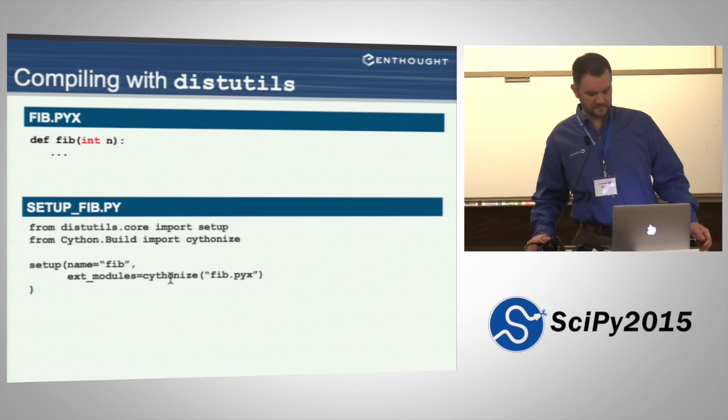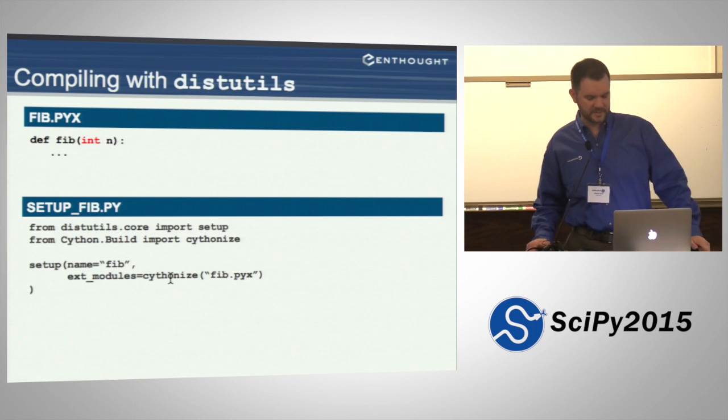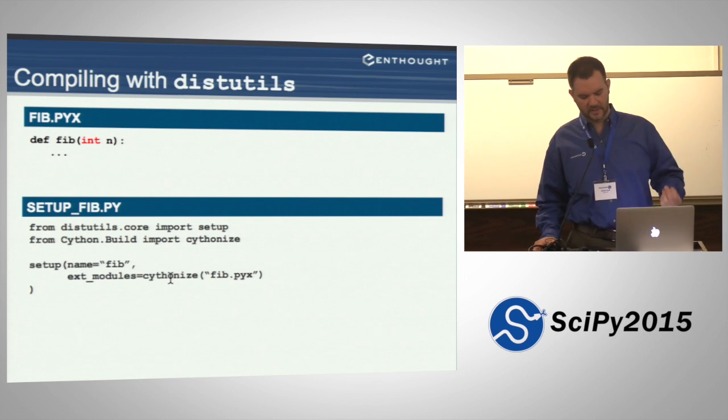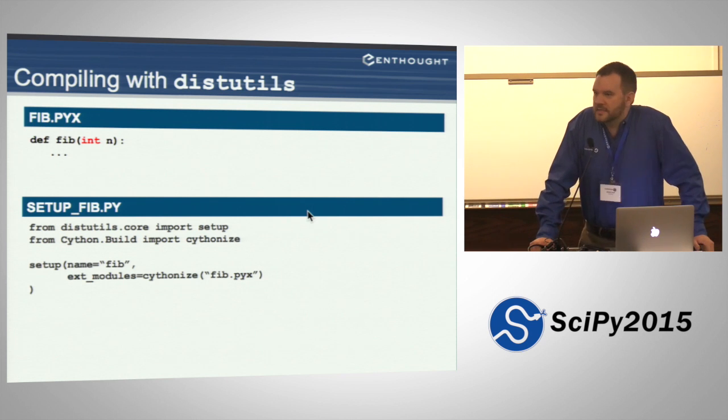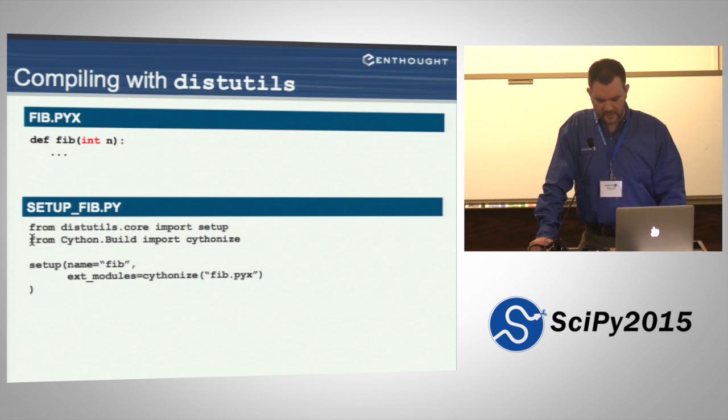Okay, so we're going to experience this in a little bit with an exercise, but just to walk you through the steps. Here we have a very simple fib.pyx source file. And here we have a simple setup_fib.py. This is our distutils script whose job is to compile our extension module for us. Okay? And Cython knows how to work with distutils, and so it gives a very nice high-level interface for doing this sort of thing. And really the core thing here is a cythonize command.